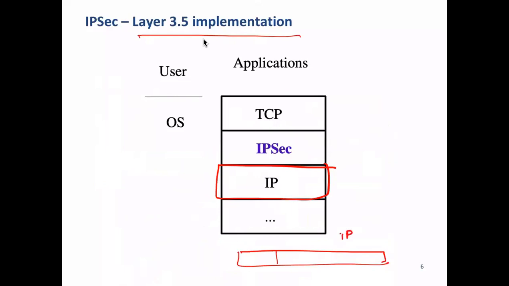Now, your application may be giving this, but you need to modify it. So application data may be coming from here, and this is the original data that you may want to send.